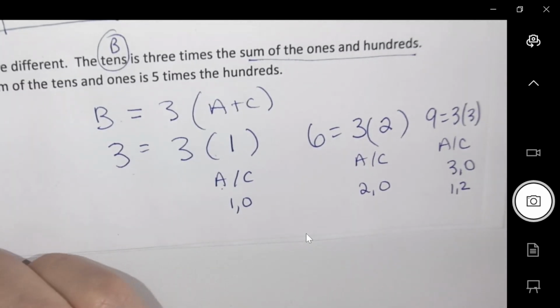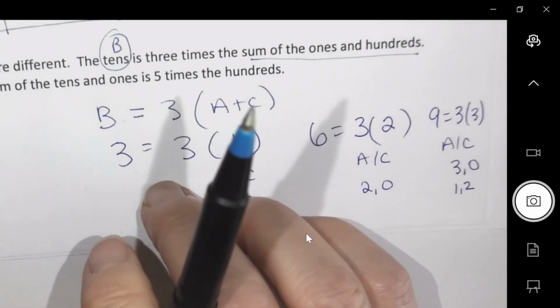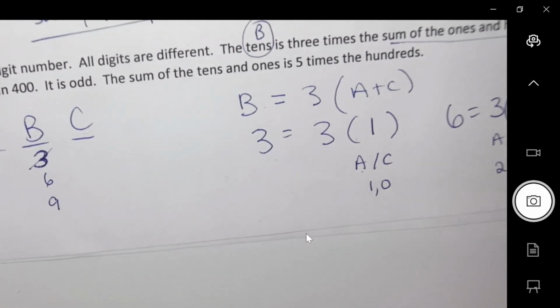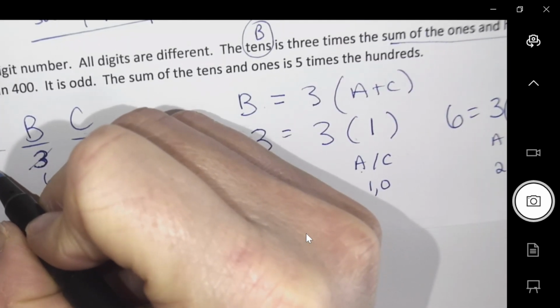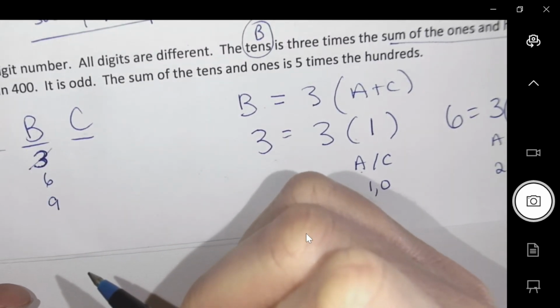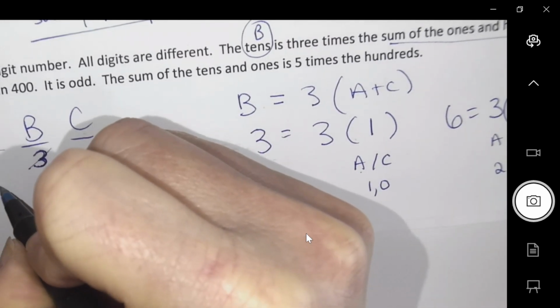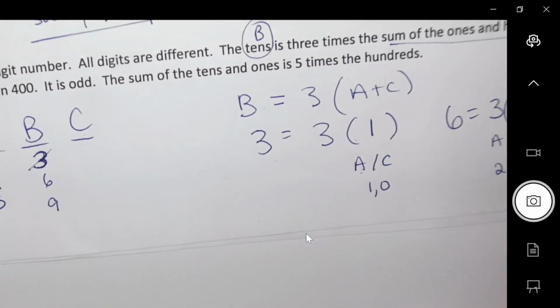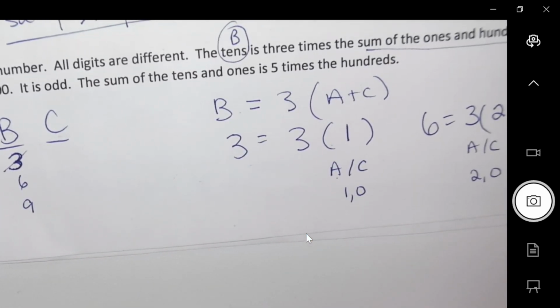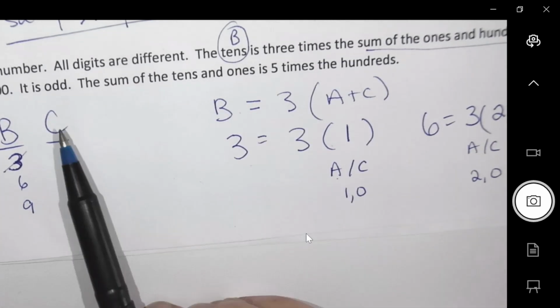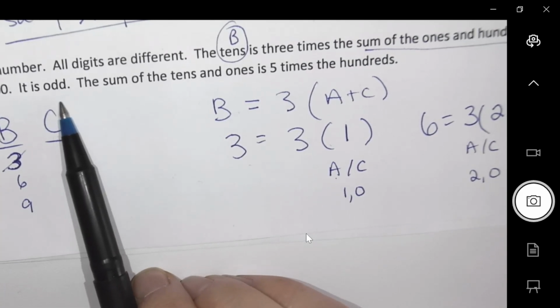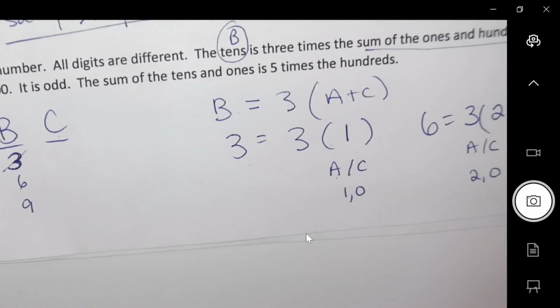Now it says the number is less than 400. So what are my options for that? What do I know about A? It could be 100 and something, 200 and something, 300 and something. It is odd. What do you know about odd numbers?